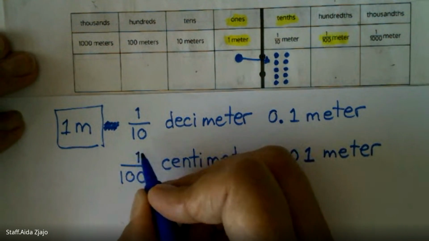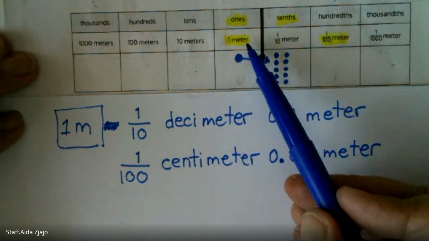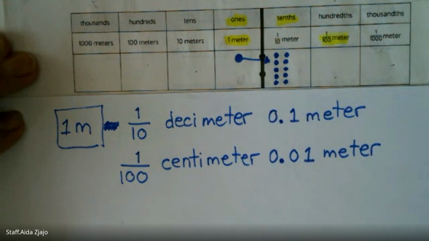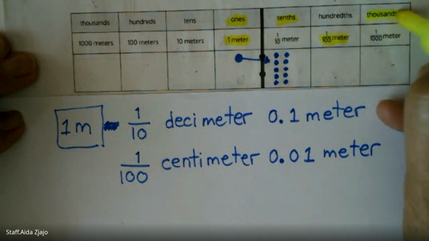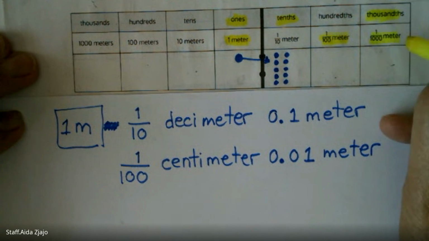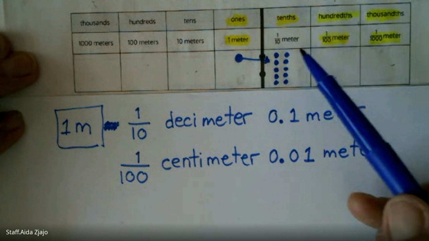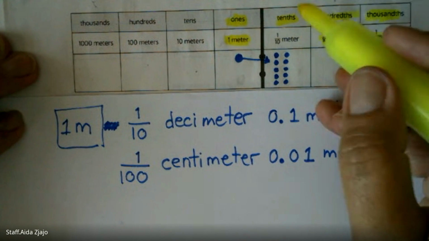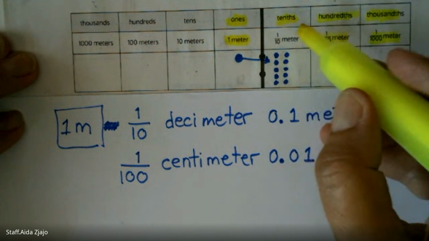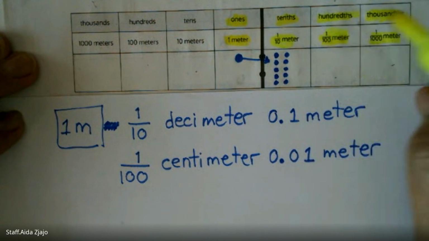Okay, and then if I have 1 meter and I cut it into 1,000 pieces, then I will have thousandths, which are millimeters. So the smallest metric units are: the tenths are decimeters, the hundredths are centimeters, and the thousandths are millimeters.